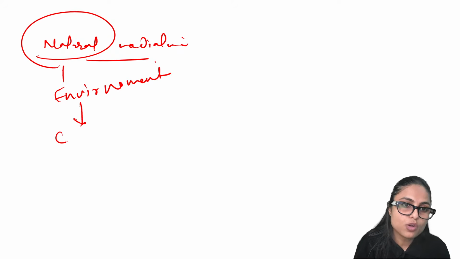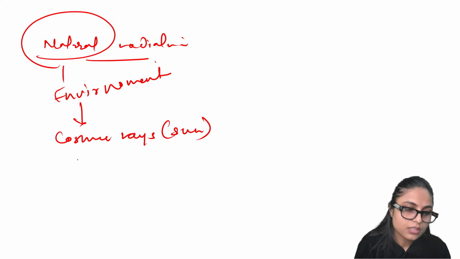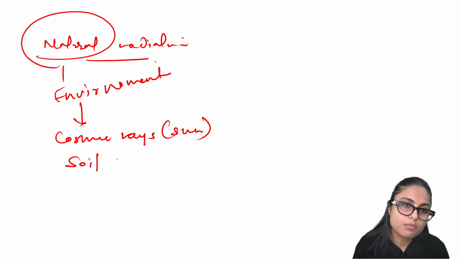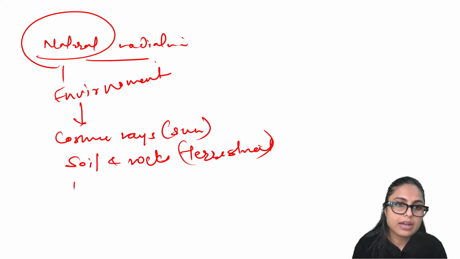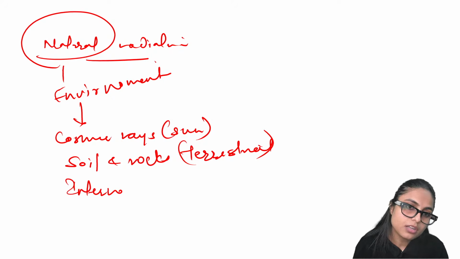This involves cosmic rays from the sun, and radiation from soil and rocks, which is called terrestrial radiation.